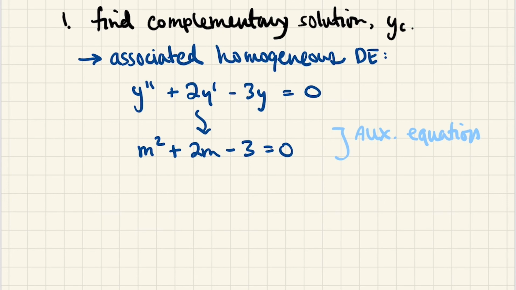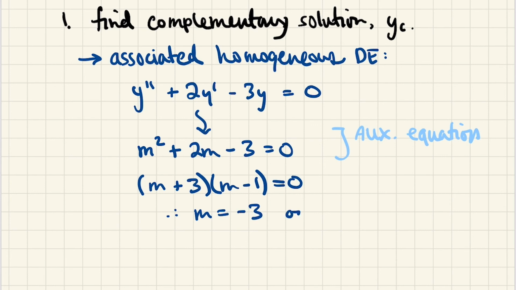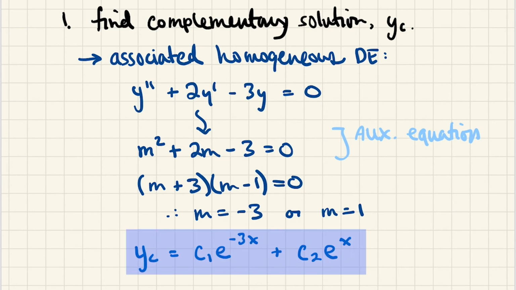And we'll just solve this guy, which factors. So we get m plus 3, m minus 1 equals 0, giving us m equals negative 3 or m equals 1. So our complementary solution is going to be c1 e to the negative 3x plus c2 e to the x. Okay, so that's the complementary solution.